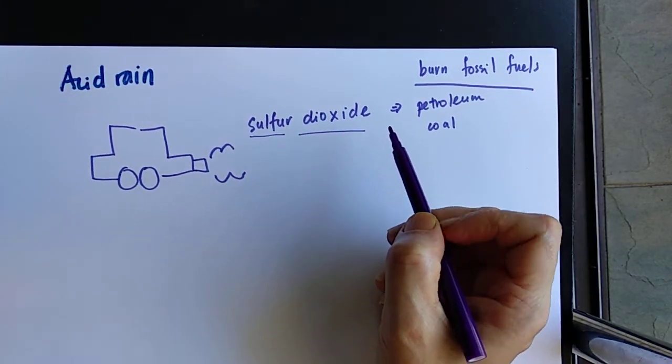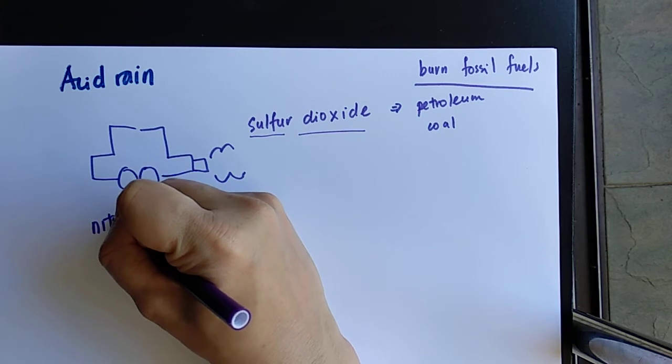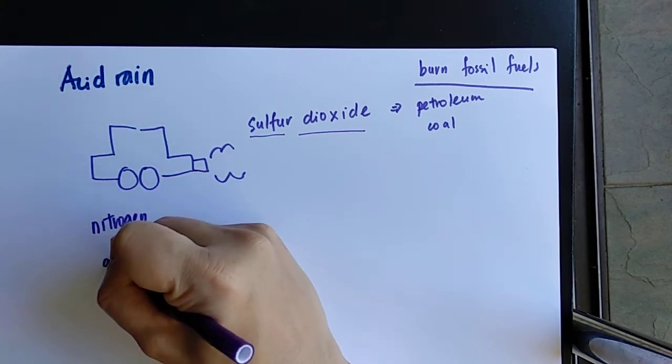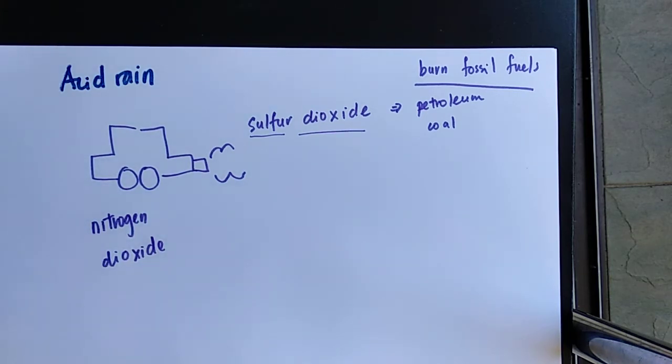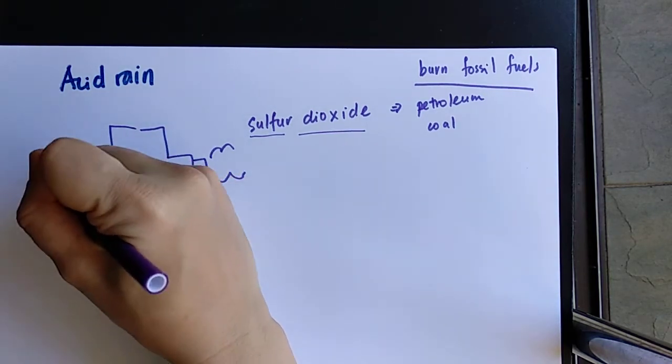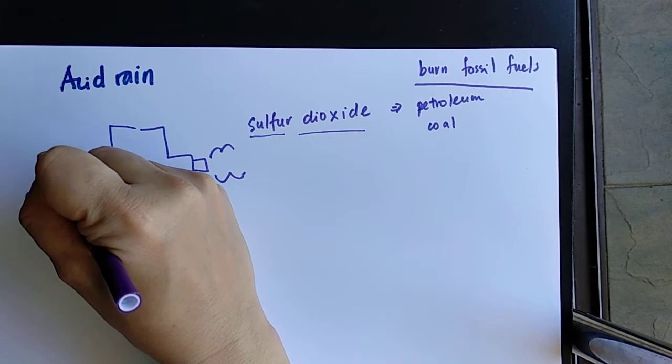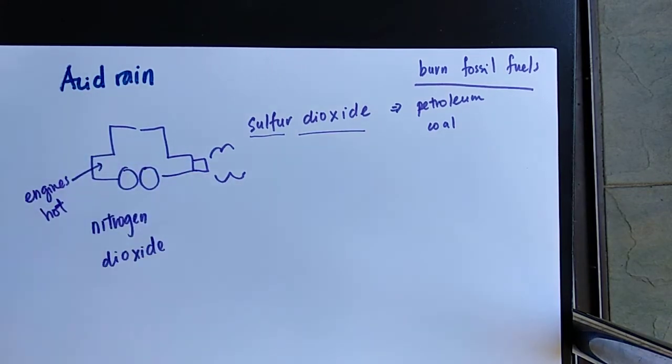Another gas that is released is nitrogen dioxide. Nitrogen dioxide is released because the engines are very, very hot, and therefore the gases in the air react to release nitrogen dioxide.